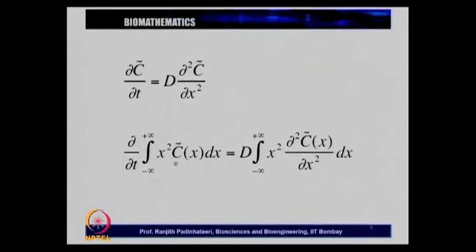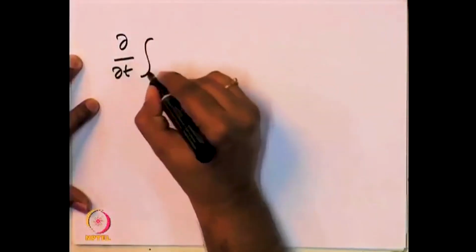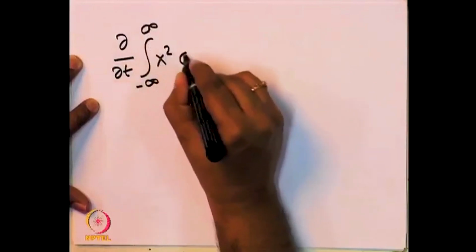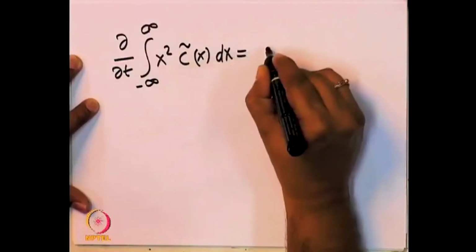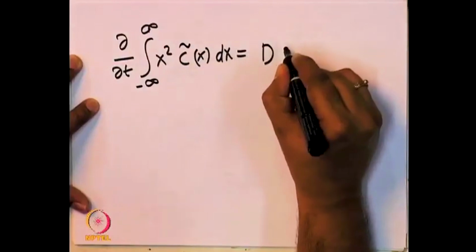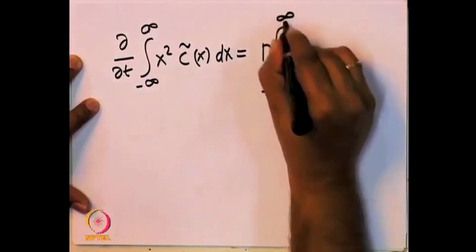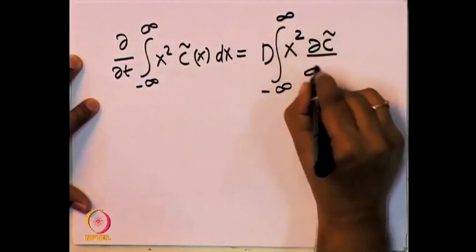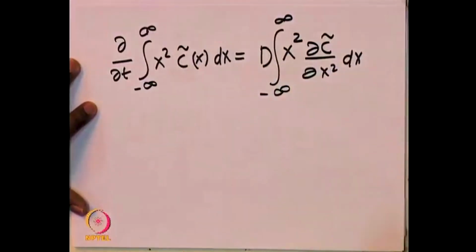So, we had del by del t of integral minus infinity to infinity x square c tilde of x dx is equal to D into integral minus infinity to infinity x square del square c tilde by del x square dx. This is what we have and this is precisely what we have here.